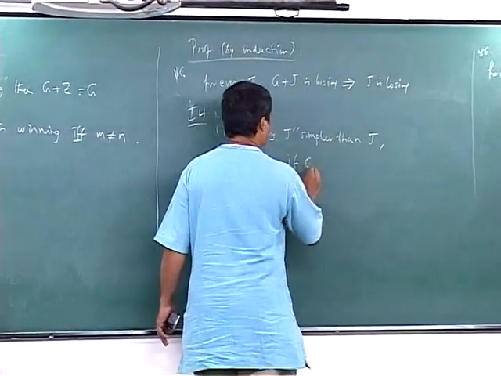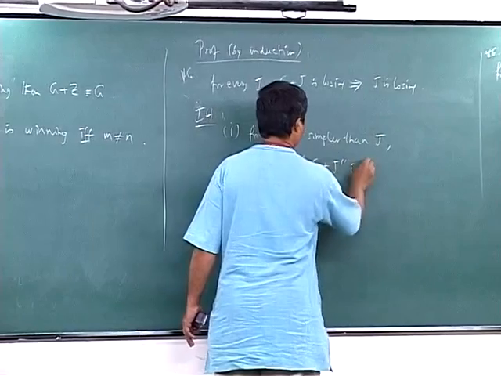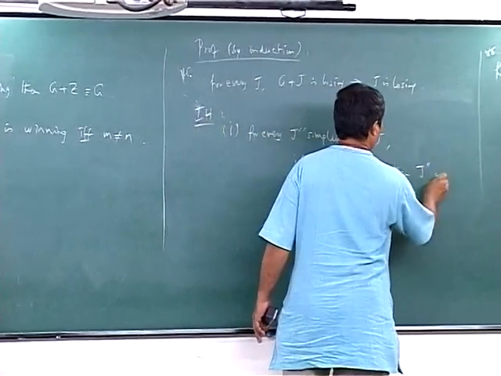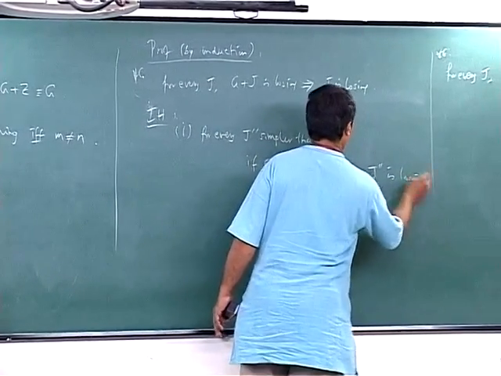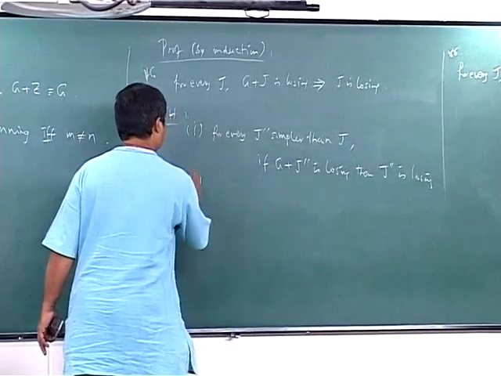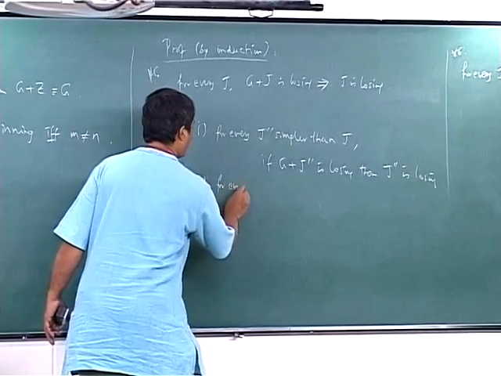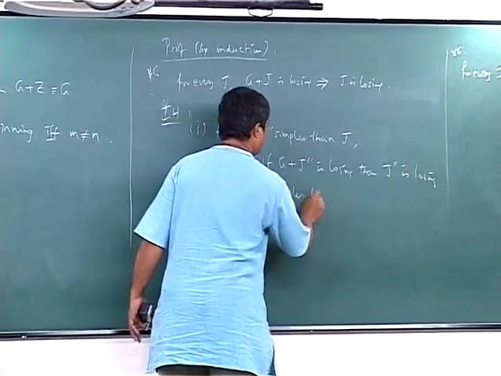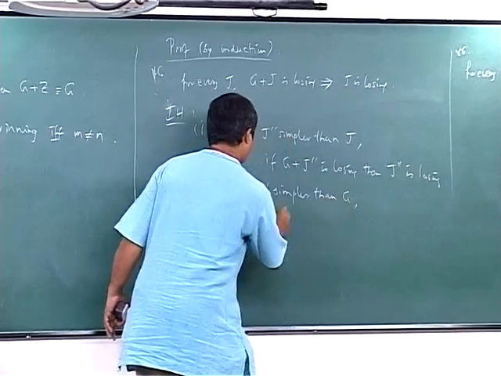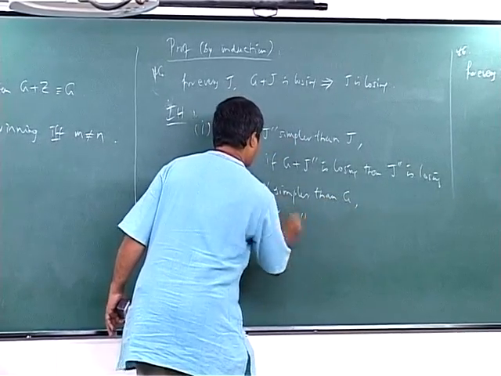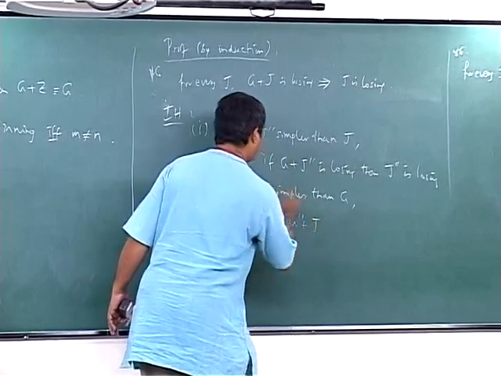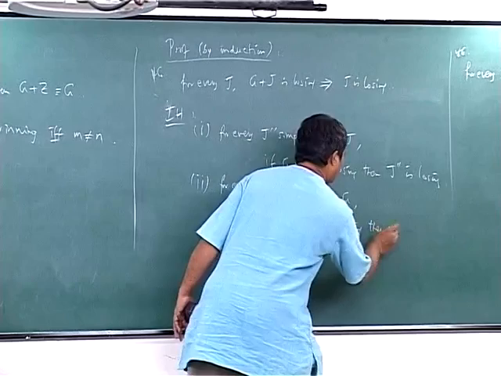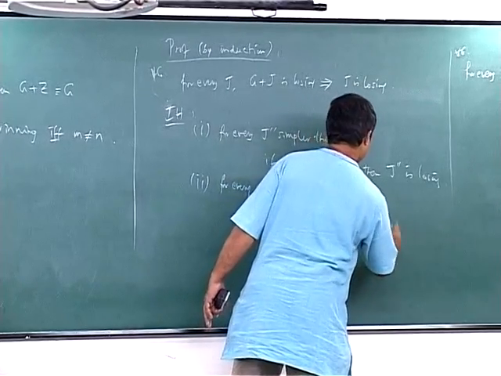If G plus J double prime is losing, then... I have another induction hypothesis. For every G prime simpler than G, if G, let me use double prime, I want to reserve single prime for something else, is losing, then J is losing.